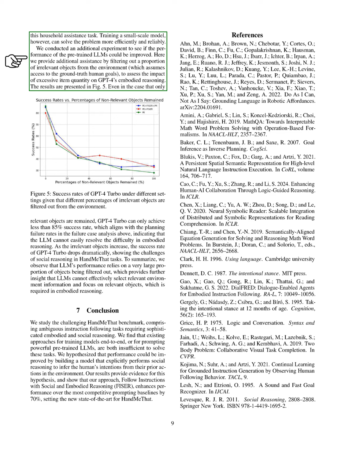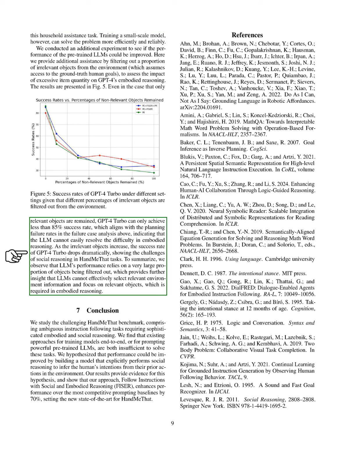To further investigate, we conducted an experiment to see if we could improve the performance of pre-trained LLMs by filtering out irrelevant objects from the environment, assuming we had access to the true human goals. The results showed that even with only relevant objects, GPT-4 Turbo achieved less than an 85% success rate, reflecting its planning failure rates.